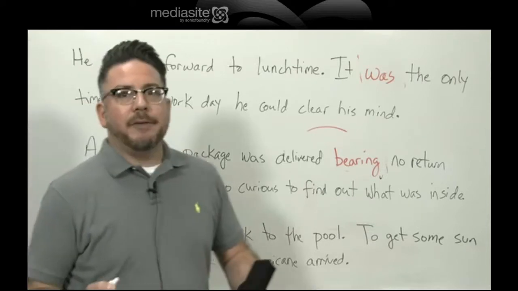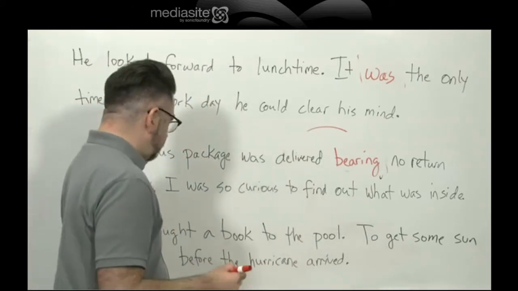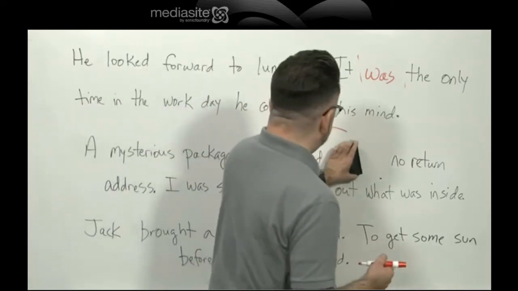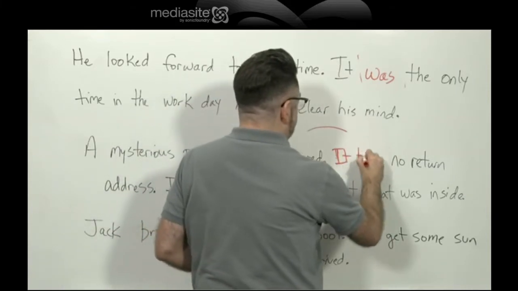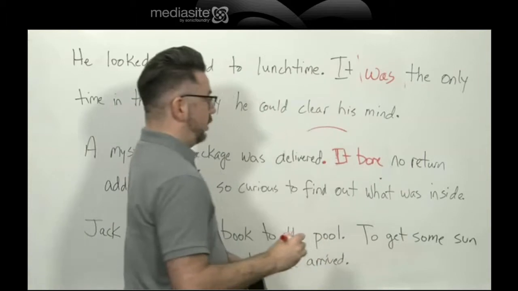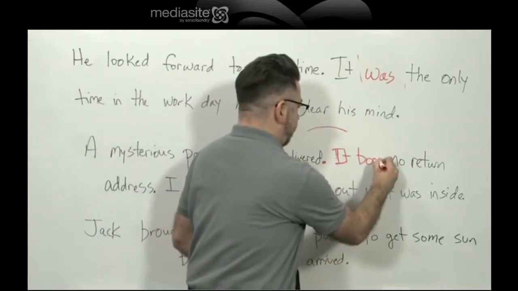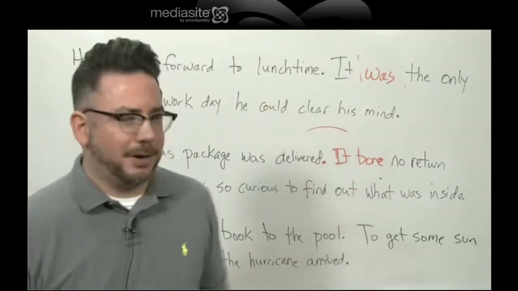Now we have a complete thought. We have gotten rid of that fragment. Now we could have also rewritten this to add a subject and a verb. A mysterious package was delivered. It bore no return address. That would also correct that fragment. But probably combining the two is the easiest method there.